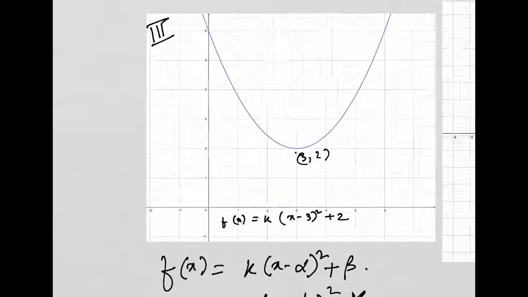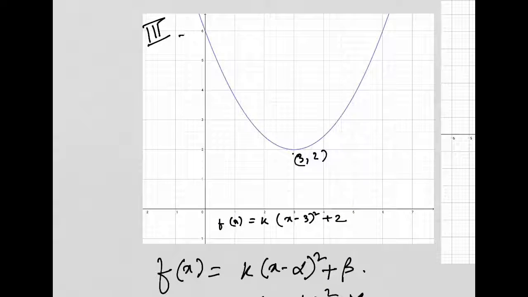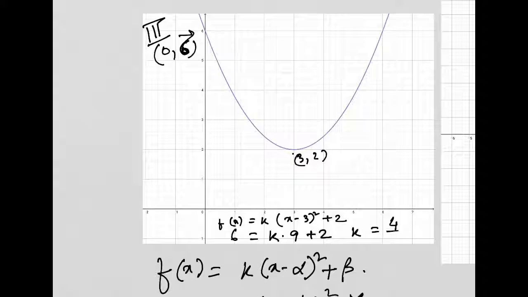Now again, my y-intercept is (0, 6), this is the y-intercept of the function. Placing the value, 6 = k into 9 plus 2, I am having k = 4/9.